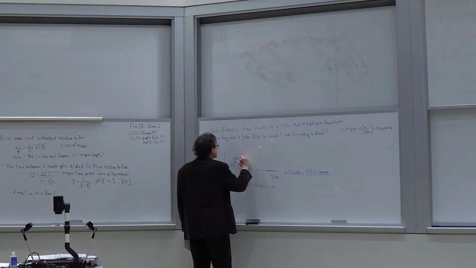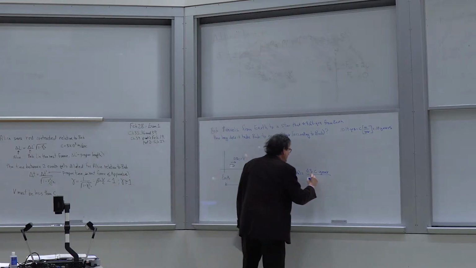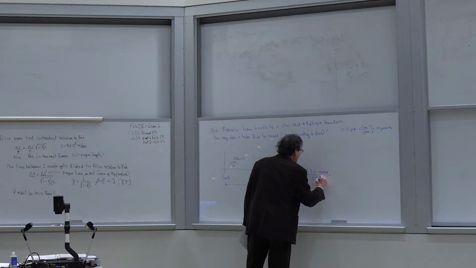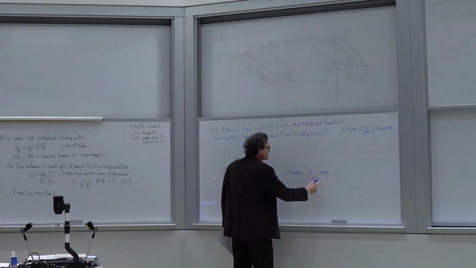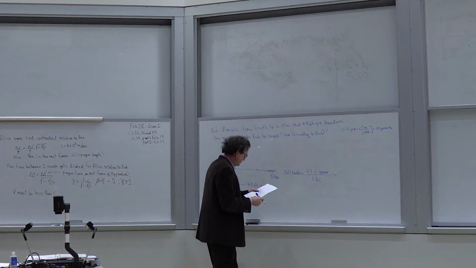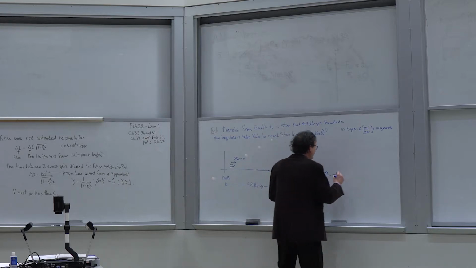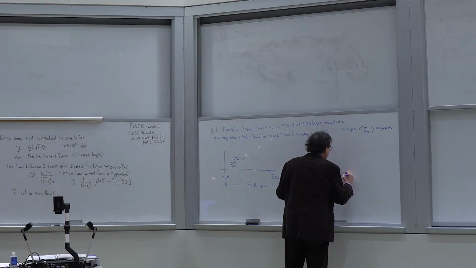So v is the velocity, and that's 0.8 c. And the c's cancel. Notice that the c here cancels with the c here. So if I take 4.3 divided by 0.8, I get 5.37 years.